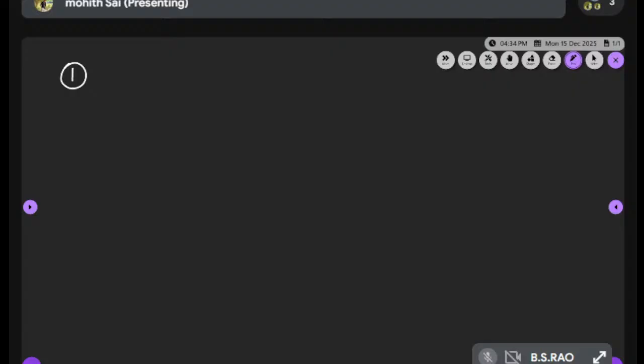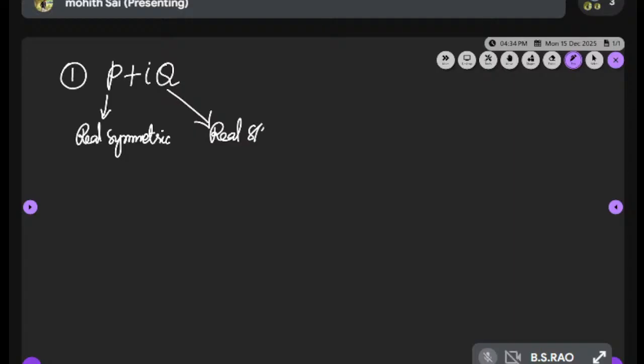P is real symmetric and Q is a real skew symmetric matrix.